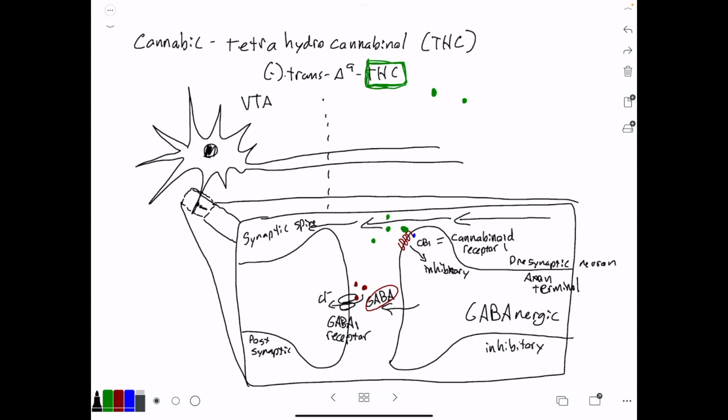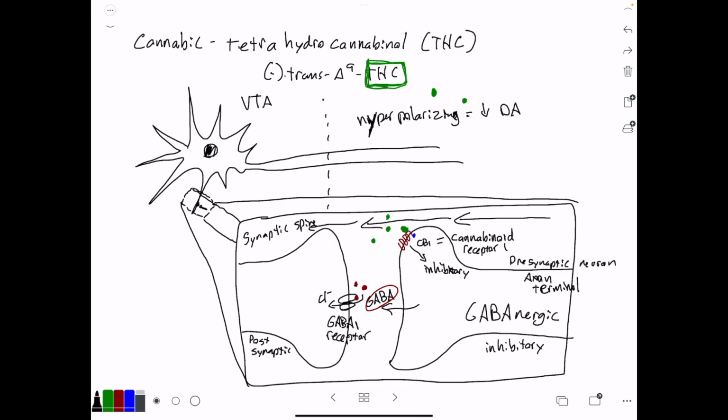And what happens when you hyperpolarize a VTA neuron? Hyperpolarizing leads to a decrease in dopamine, or a decrease in the probability of dopamine being released in the nucleus accumbens or the medial prefrontal cortex in this case.